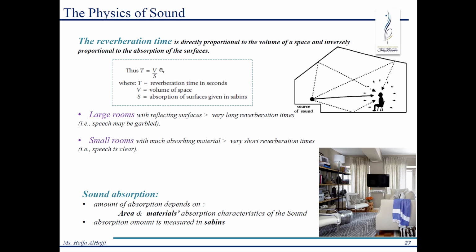Now the absorption, how do they actually calculate this S value? We're not going to use this equation, but this is for your information. For example, we have this space. Is it enough to put carpet, or does it matter if I added the curtains as well? Definitely. Every material you add to a surface, the more absorption you will have. For example, I have 5 surfaces in here.